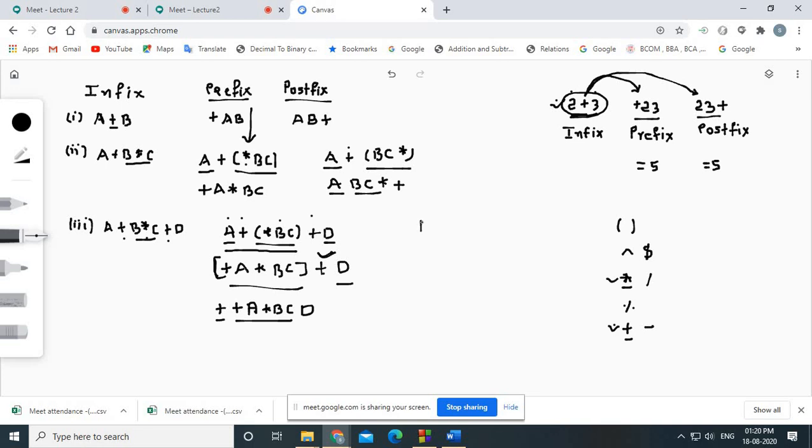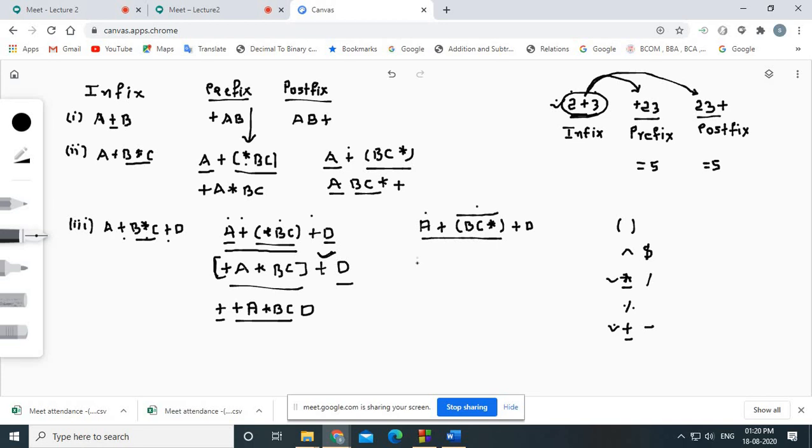Now we will convert the same expression into the postfix. So here I just have to write A plus, and since it is postfix, BC star, the operator will come later, so this will be BC star, plus D. Now if you are converting this expression into the postfix, here you have operand 1, operand 2 and operator.